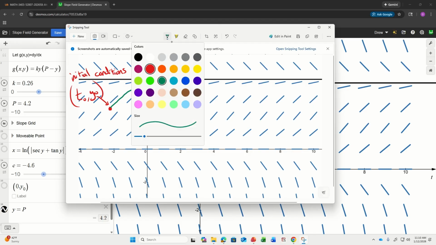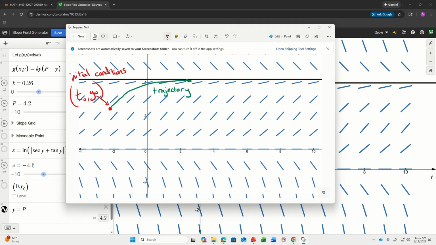If I choose different initial conditions, exactly the same ODE, right? But if I choose to have this starting time and this initial number of people infected, my trajectory is going to be a different trajectory.